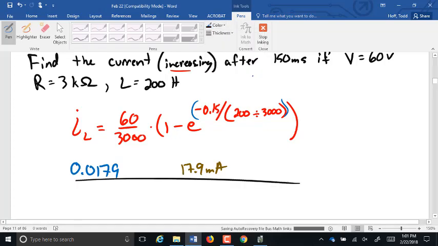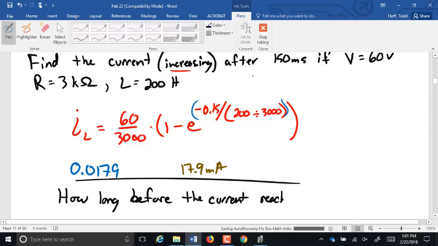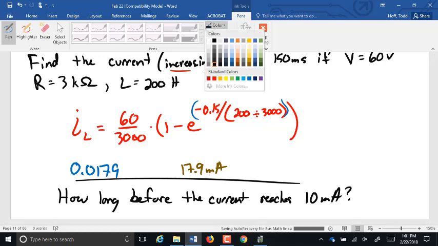How about if I ask how long before the current reaches 10 milliamps? So we're still on an increasing current here.